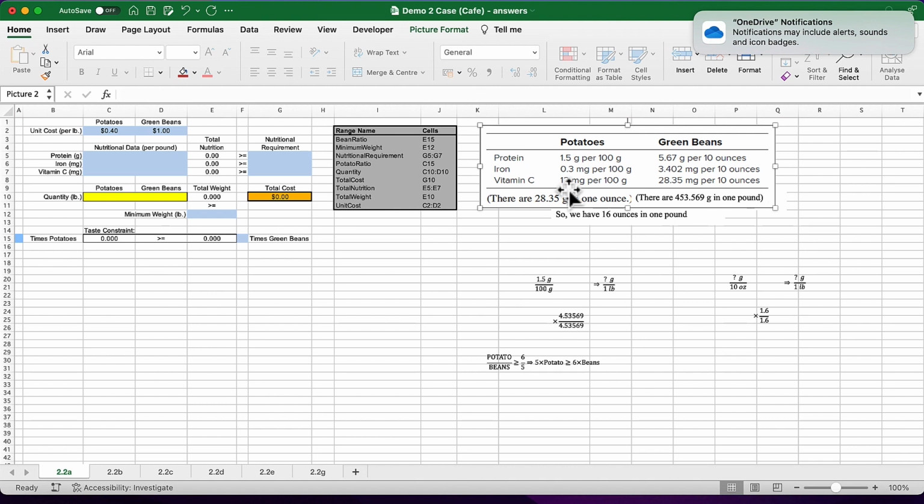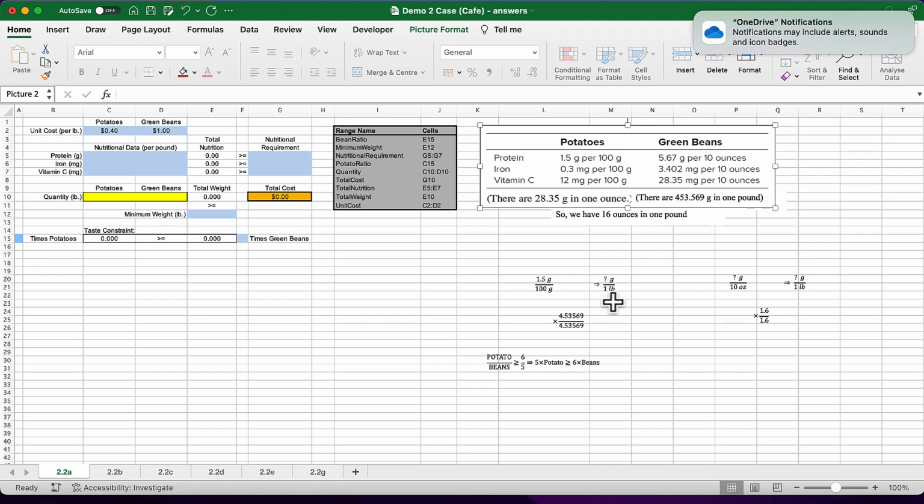So then the question is, how can I actually convert from where when we're looking at 100 grams of potato, how can I then view this information when it's based on 1 pound of potato, right?